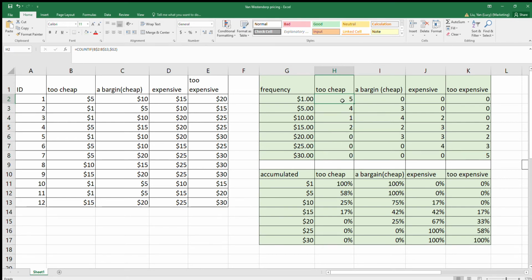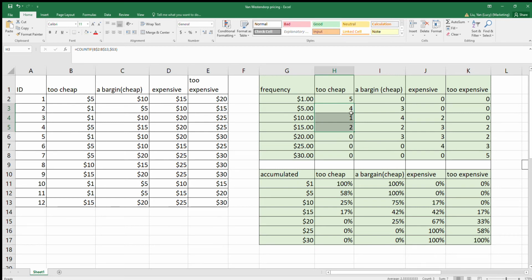You add everything below $1, and that's everybody, so that's 100%. Then at $5, what's the percentage of people who think it is too cheap? You add everyone who thinks $5 is too cheap, as well as those who think any price above $5 is too cheap.